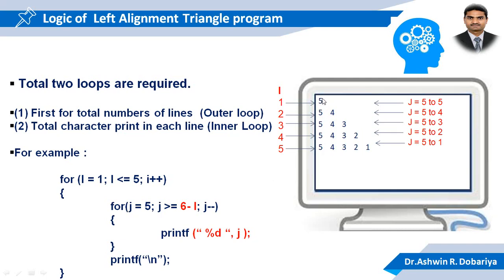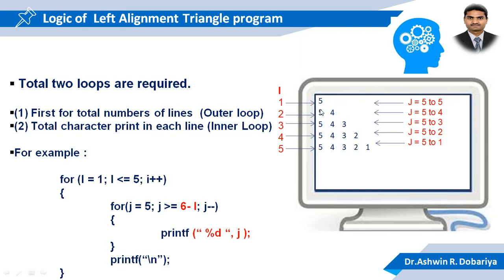So here see, first line starts with 5, then second line starts with 5 and decrements by 1, again third line starts with 5 then decrements by 1, like this. It means the initial starting value is 5. So j will initialize with 5. Now very important part is, in first line j starts from 5 and it should end with 5.